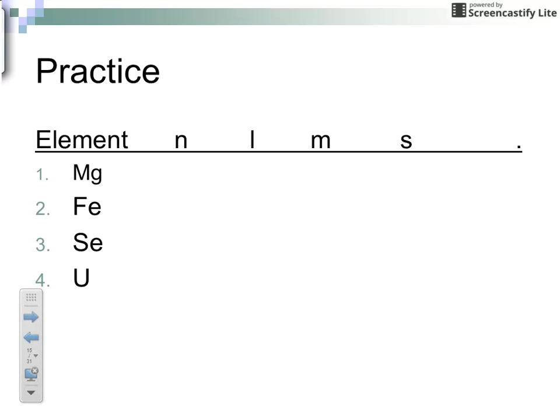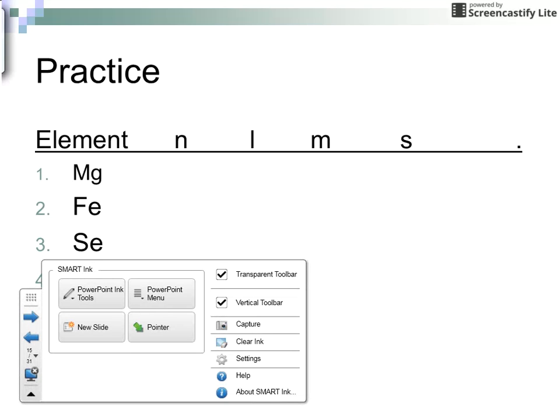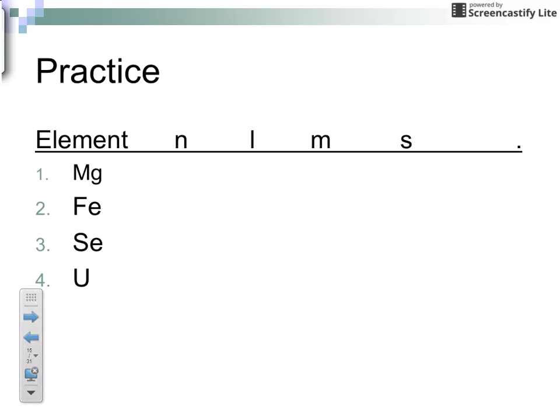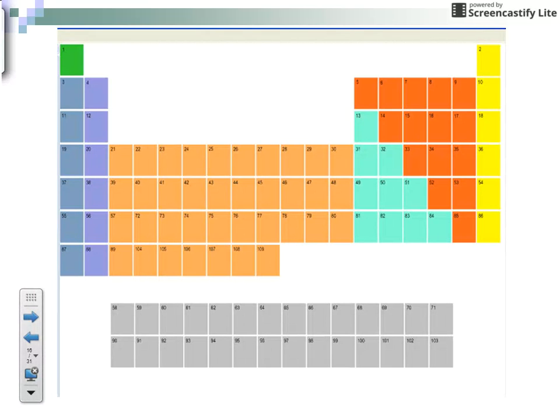I'm going to switch screens for just a moment to talk about the periodic table and how we number our periods. Actually, I'll go back to the PowerPoint and skip a few slides forward. Here we go. On your periodic table, you need to know what your blocks are.